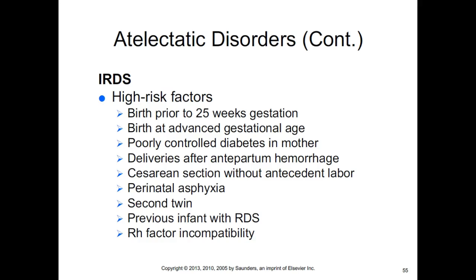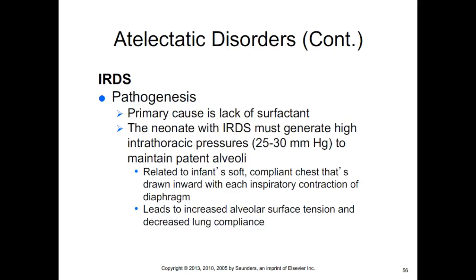So high risk factors: being born prior to 25 weeks gestation, birth with an advanced gestational age, poorly controlled diabetes in the mother, deliveries after antepartum hemorrhage, cesarean section without antecedent labor, perinatal asphyxia, a second twin, a previous infant with RDS, and RH factor incompatibility. So all of those can result in IRDS, right?